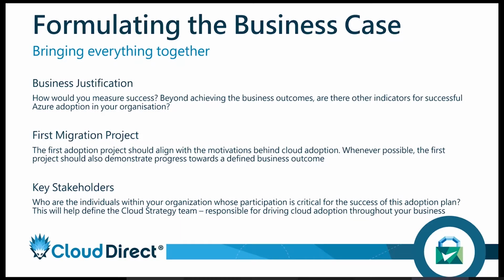But if you start with something small, maybe I'm going to move my test and dev environment, maybe my backups, maybe my VDI environment, that goes well, goes successfully, it buys success. It buys in that confidence, so when the next one comes along, that's successful. So when you do get to the finance application and it is a bit of a pig, you've got a lot of favors in the bank, you've got a lot of sway within the stakeholders to say, look, everything else went well, it's just this one project that went a bit squiffy.